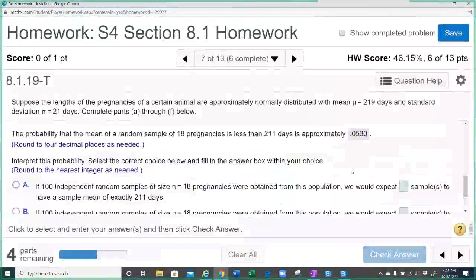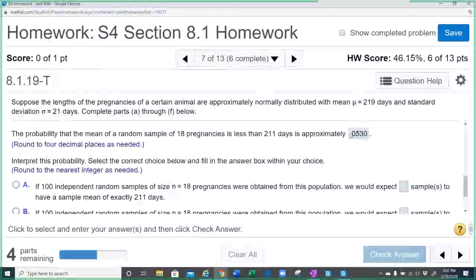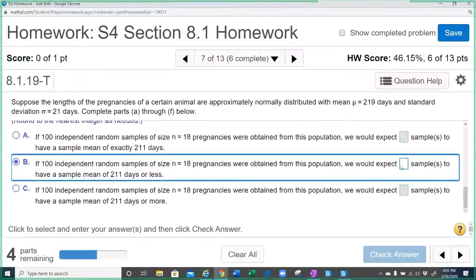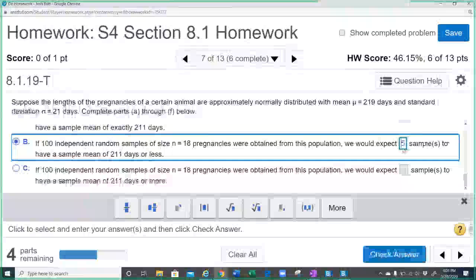Just look for less than 211, and this is going to be about 5 out of 100. You take 100 and multiply by this probability, and you get 5.3, which rounds to 5. The question said less, so that would be about 5.